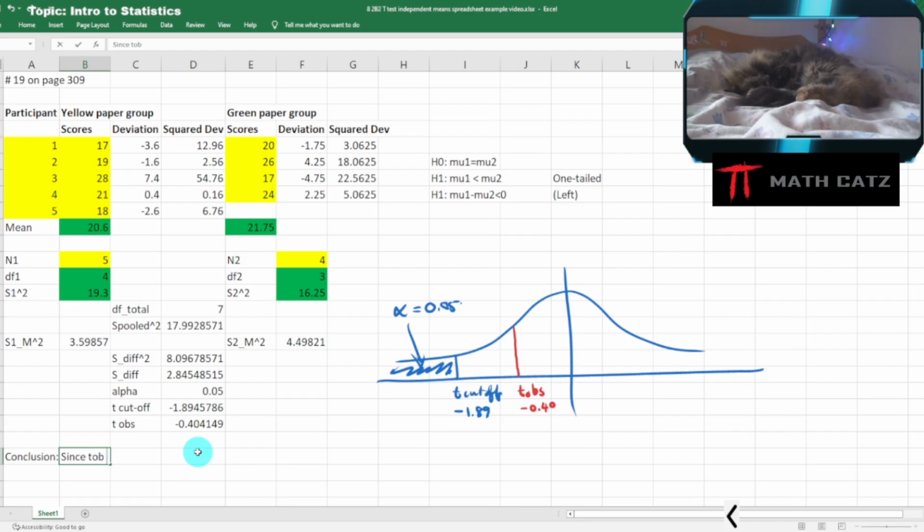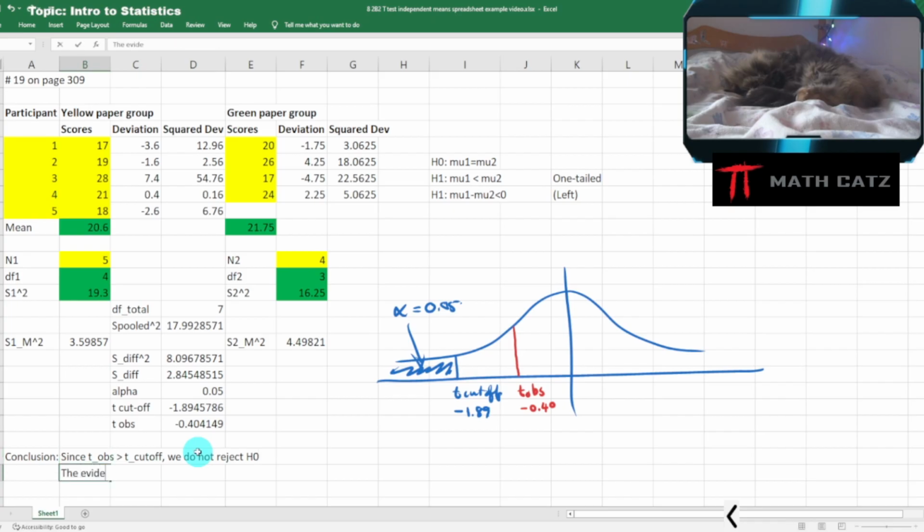Since t observed is greater than t cutoff, we do not reject the null hypothesis.